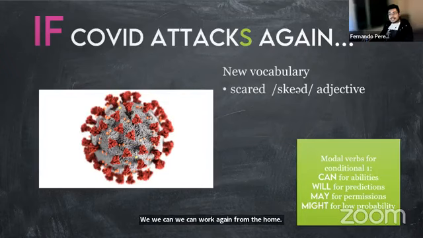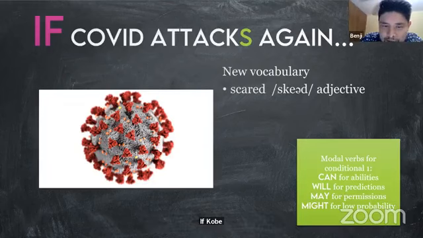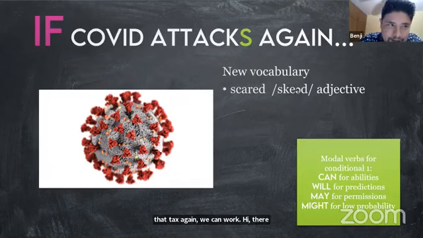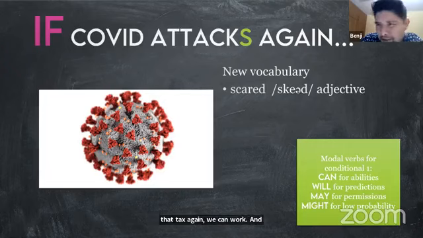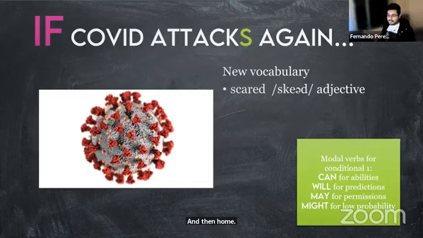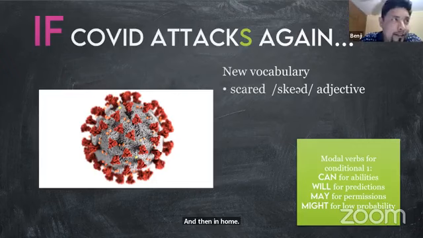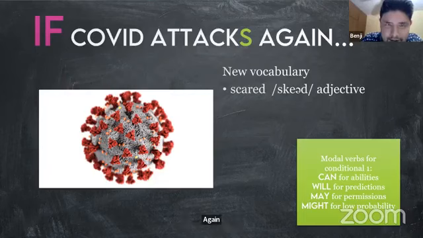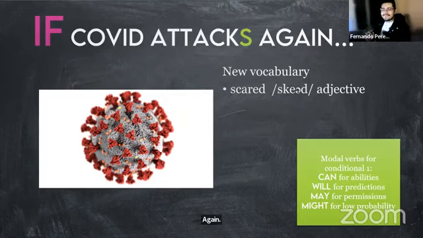Oh, yes, exactly. Eliminate the extra information. If COVID attacks again, we can work home. And the connector? Connector for origin? Again on home. Eliminate on. What is a connector for origin?